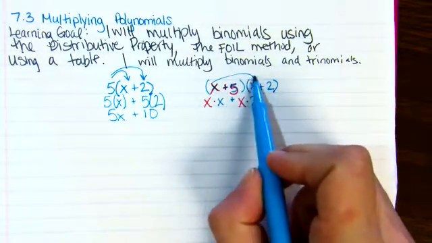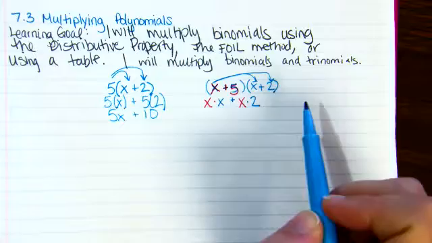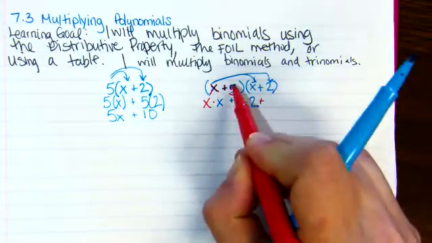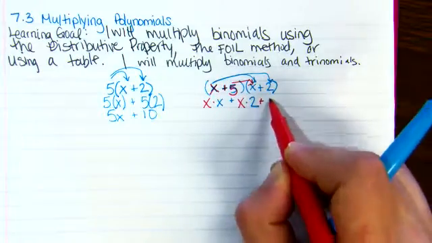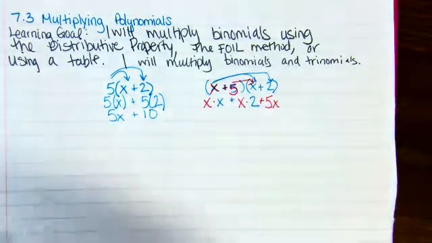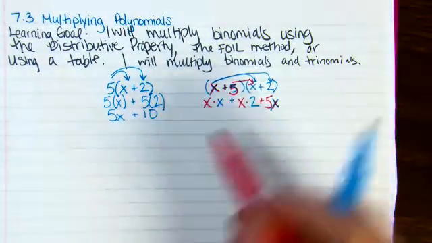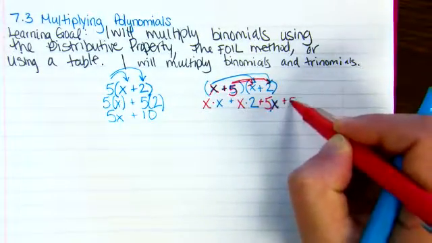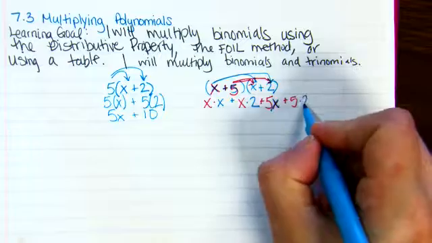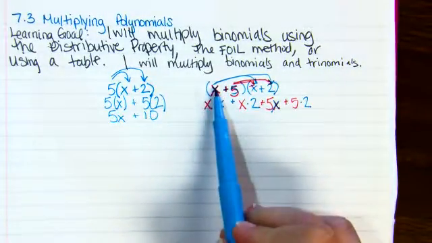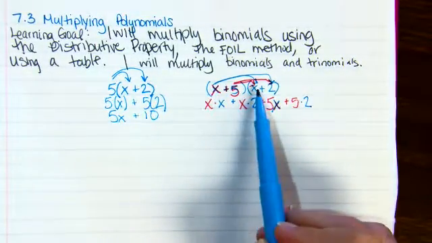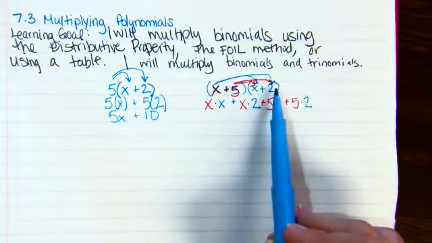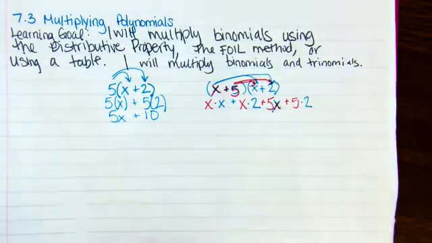So x times x, x times 2. And then I need to do the same thing here, where I need to do 5 times x. Oops, that x is supposed to be blue. That's what I get for trying to do fancy colors. And 5 times 2. So this x was multiplied by the x and the 2, and this 5 was multiplied by the x and the 2. So everybody got paired up with everybody else.